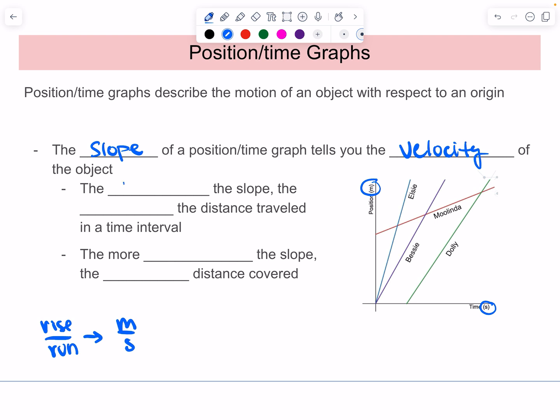So the steeper the slope, the greater the distance traveled in a time interval, the more gradual the slope, the less distance is covered.